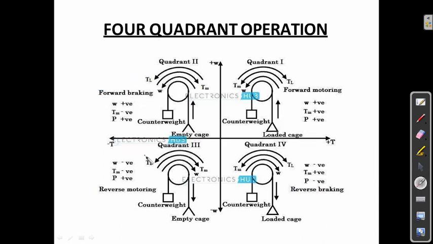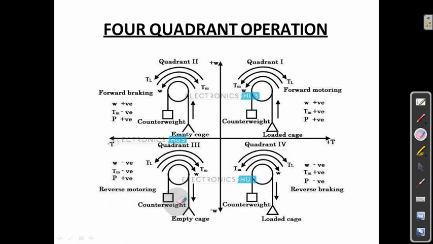Then we will move up to reverse motoring. As I said earlier, if the torque and speed are both in the same direction, the motor will keep running. That is the main concept of four quadrant operation. So here you can see the motor speed as well as the torque are both in the same direction.